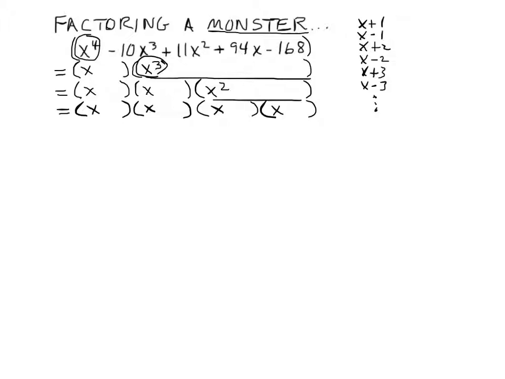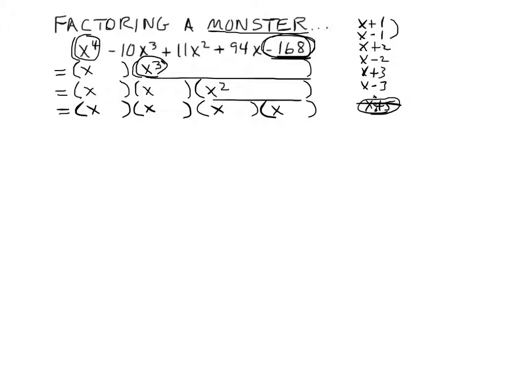Now, when we get down to like x plus 5, since 5 won't divide into the number on the end here, the minus 168, then we wouldn't bother trying x minus 5. If the number doesn't divide into the number term on the end, you're wasting your time to try and do the division.